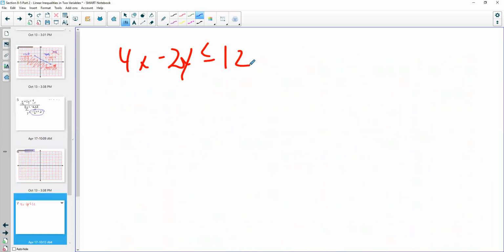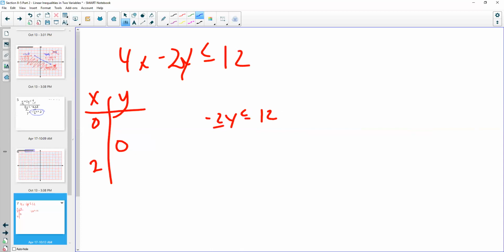However you want to approach this one, I'm going to make a chart. So I'm going to put in 0 and 0 and 2 maybe. When x is 0, 4x becomes 0, so negative 2y is less than or equal to 12. And I can use this as just an equal sign at the moment. y is negative 6.